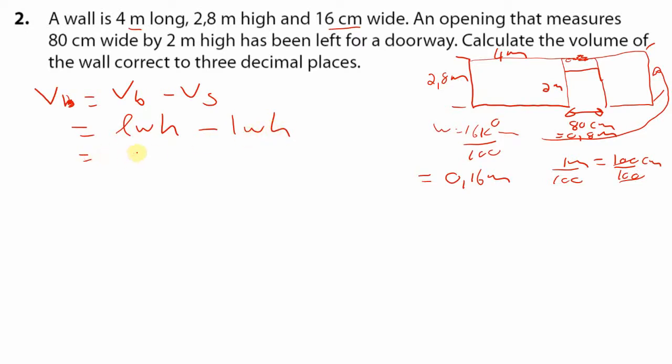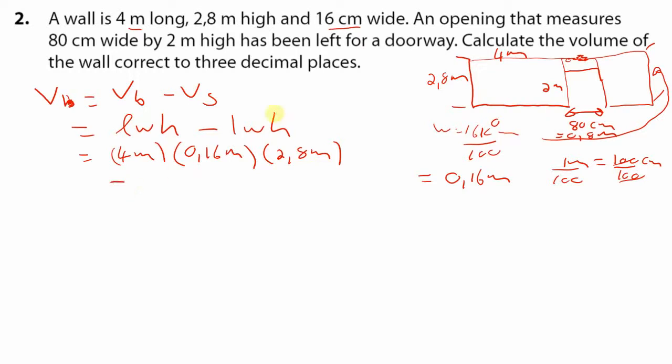It's just a smaller one. Okay, so now first the big one. We know the length is 4 meter, so we can replace length by 4 meter. We know the width is now 0,16 meter. And the height is 2,8 meter.